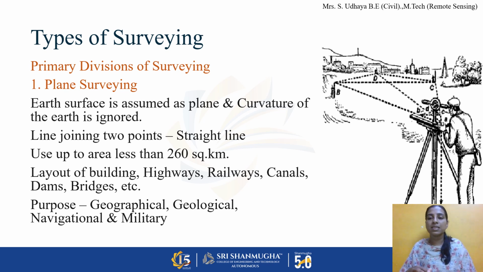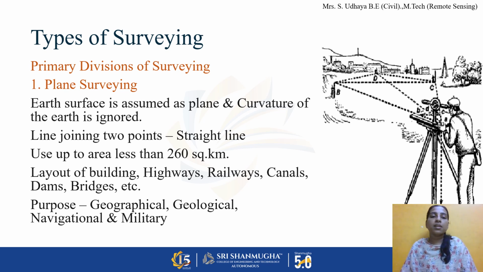Plane surface means flat surface, but actually our earth is not a plane figure. It is a curved or spherical object. But here we completely ignore the curvature of the earth and consider only the plane part of the earth. The line joining any two points is considered a straight line.